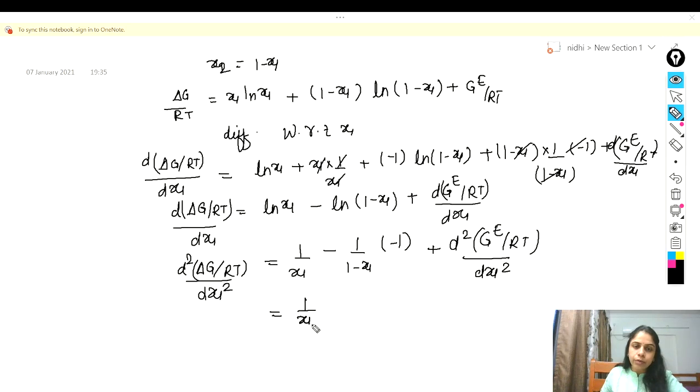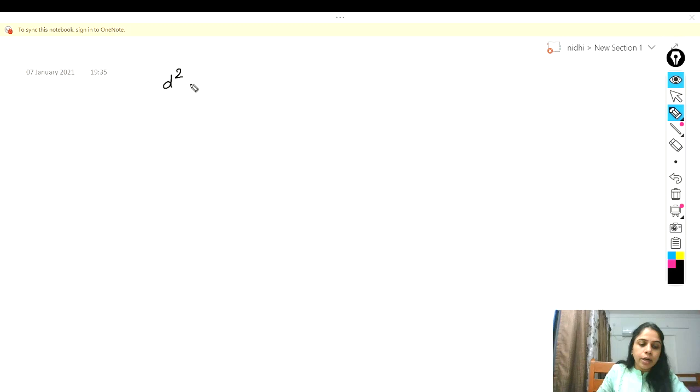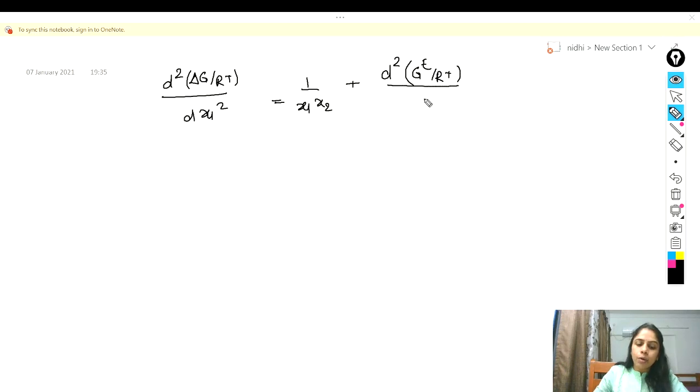So this is 1 upon x1 plus 1 upon x2 plus d square GE upon RT dx1 square, which is x1 plus x2 upon x1 x2 plus d square GE upon RT dx1 square, and we know that x1 plus x2 is 1. Therefore d square delta G upon RT dx1 square is equal to 1 upon x1 x2 plus d square GE upon RT dx1 square.